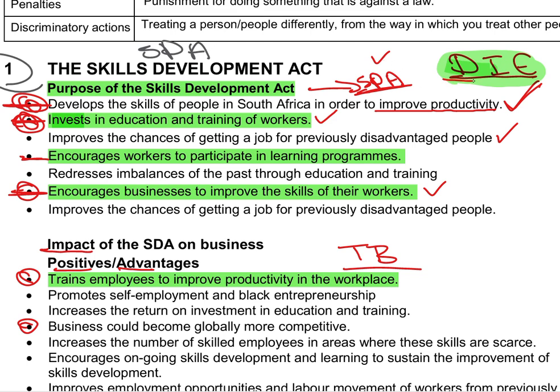So this D will assist you to remember: develops the skills of people in South Africa in order to improve productivity. I is for the second one, invest in education and training of workers. This E, you can go with this one or this one: encourages businesses to improve the skills of their workers. These are the mnemonics, right? You get it now.